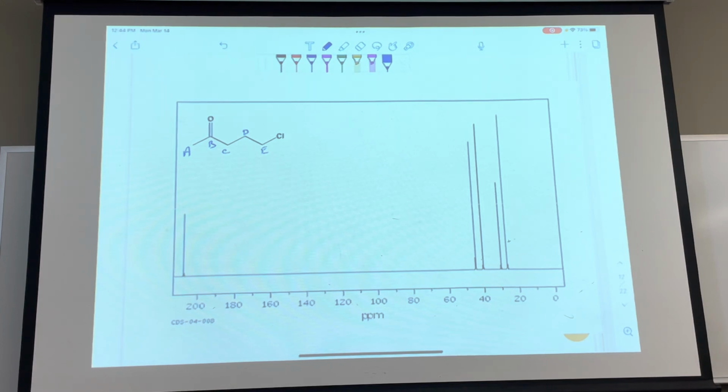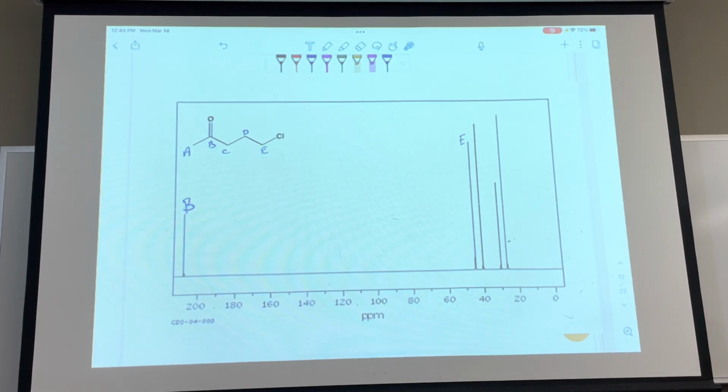So in this, we have another carbonyl. So I think it's safe to say that the one over 200 is going to be letter B. What's the next most deshielded? C? No, E. Yeah, I think it's going to be E. Remember, A and C are both next to something that's deshielding.